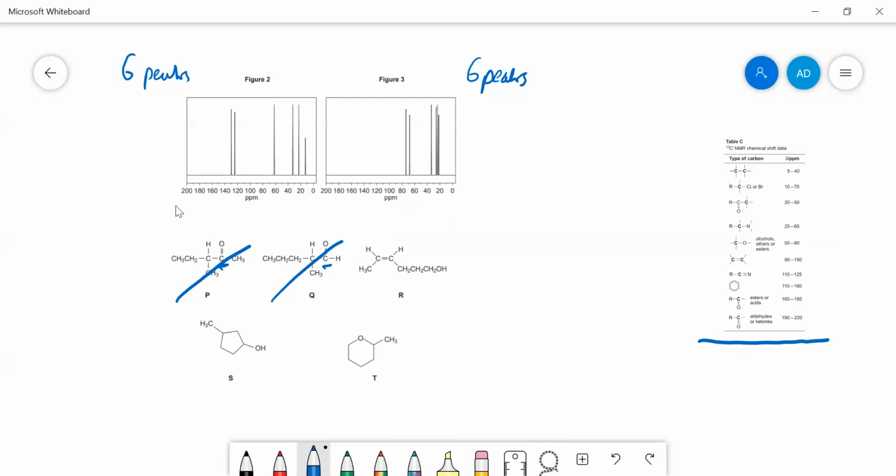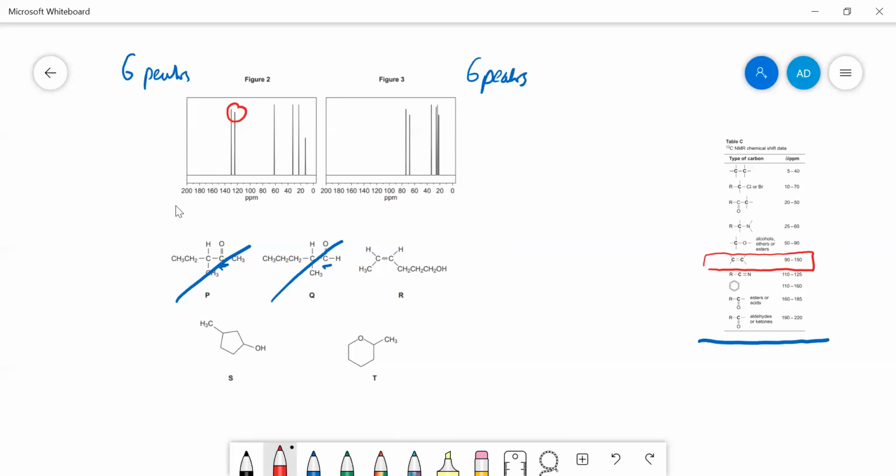Let's have a look at these. Now, what strikes me about spectrum 2 is we've got these 2 peaks here, which are very similar to each other, at about 120, 130. So let's look at the ppm scale. Have we got anything there? What I would say is that this is very likely, isn't it?